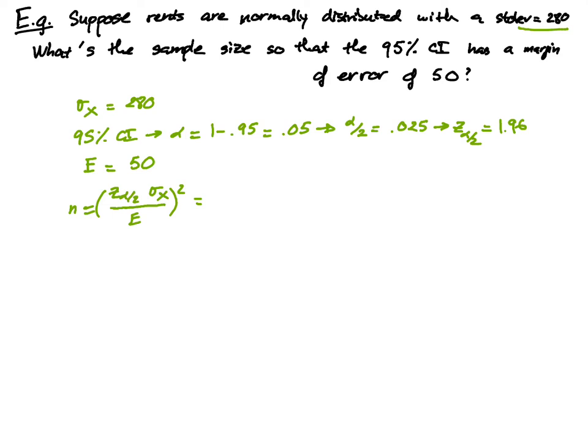This is equivalent to z sub alpha over 2 squared times sigma x squared divided by e squared.